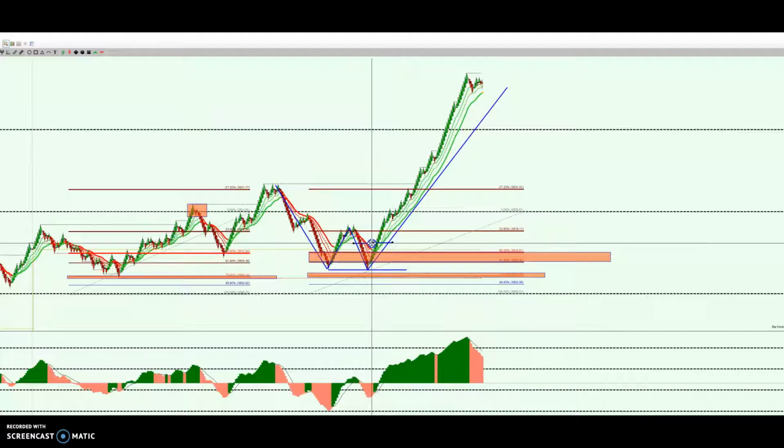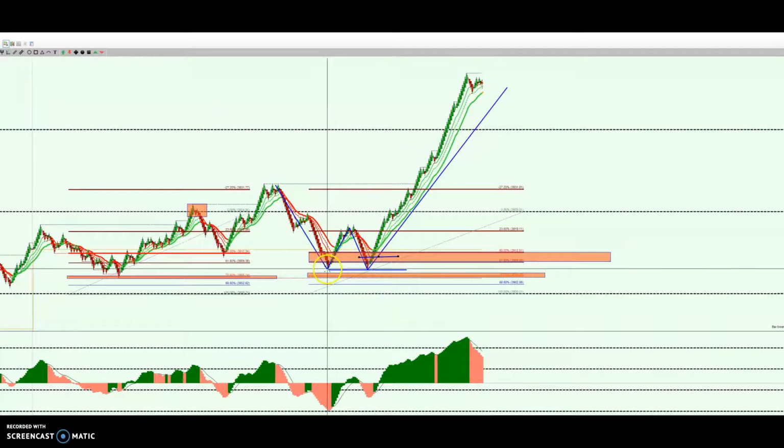And you want to follow it down just in case she doesn't break that double bottom. You're still in profit, right? You don't want to have your stop loss up here saying, oh, she's going to the quarter point, okay? When you got a market structure bottom there, follow it down, right? She comes back, okay, you made a nice little profit there.